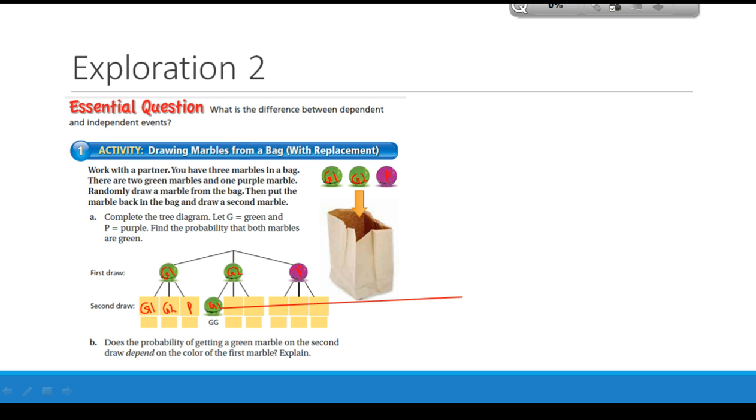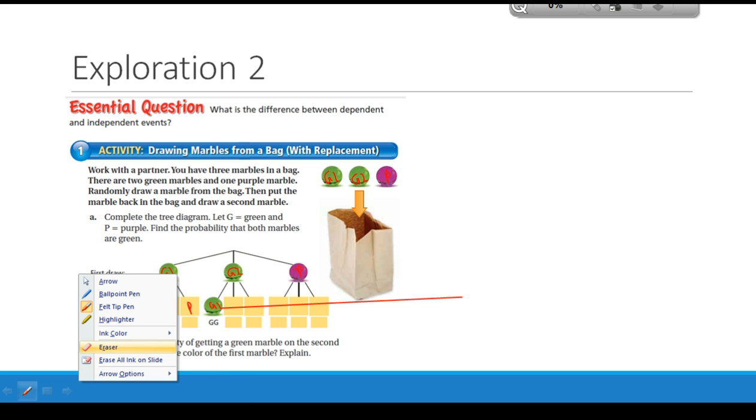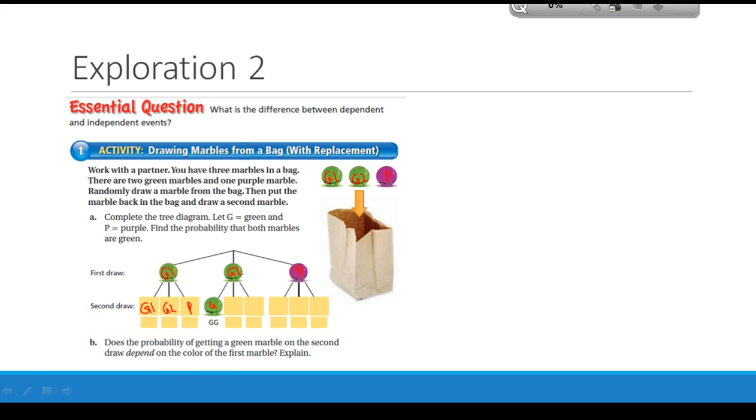Okay, and then here we have green 2 with green 1. So green 2, and then I could get green 1 again, green 2, or purple, and then green 1, green 2, or purple.